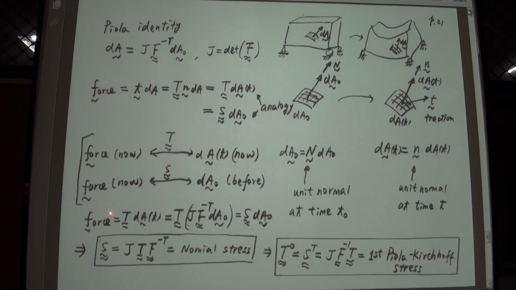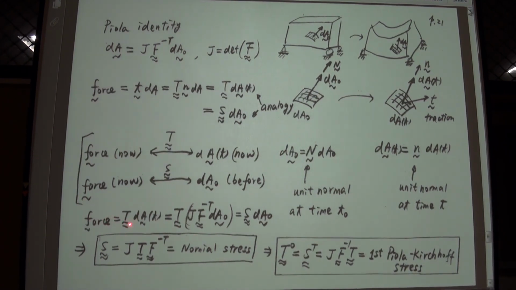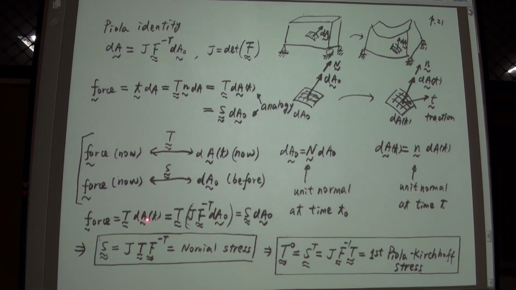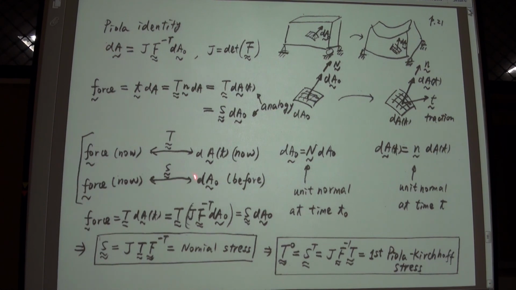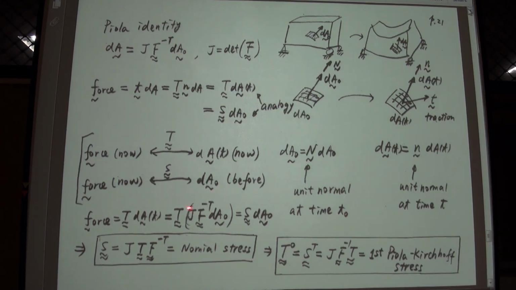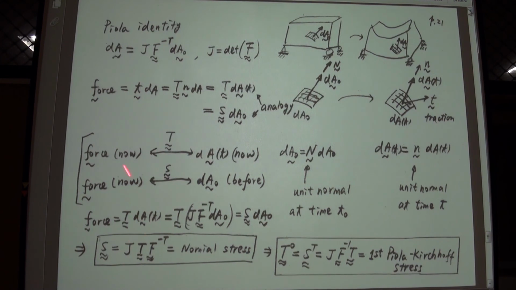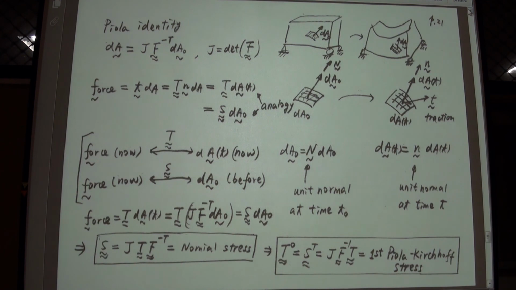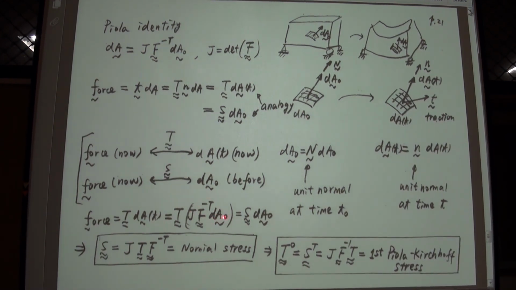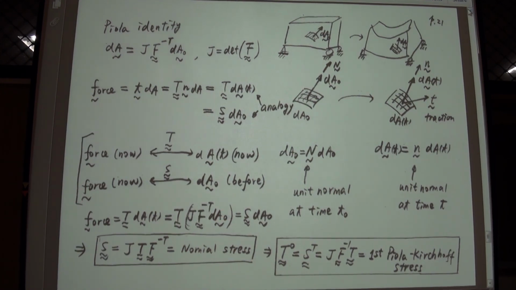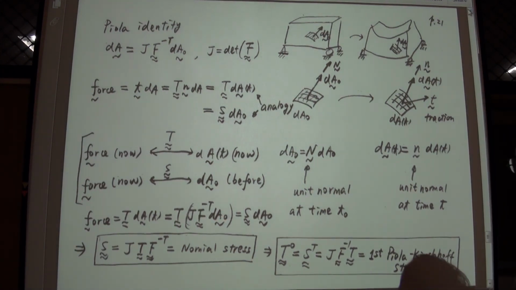This is the force, and it is equal to the Cauchy stress times the dA vector. With the dA vector replaced by this term through the Piola identity, okay, put it here, and in this way the force vector is expressed as something times dA0.